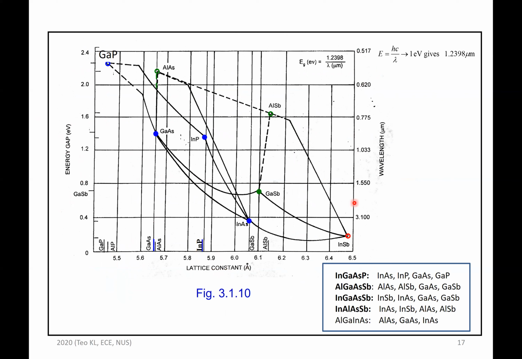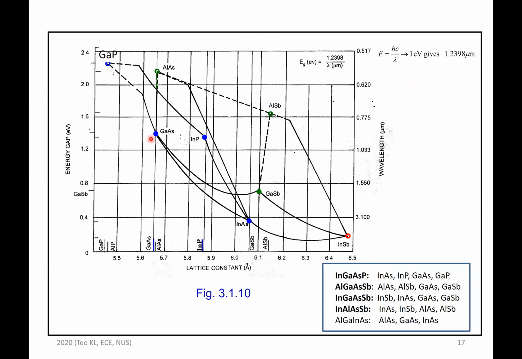This right axis is the wavelength. The band gap is measured in eV. Of course, you can convert to wavelength, because 1 eV will give you 1.24 micron. So this is measured in micron.